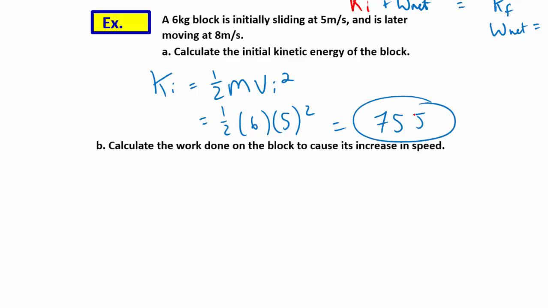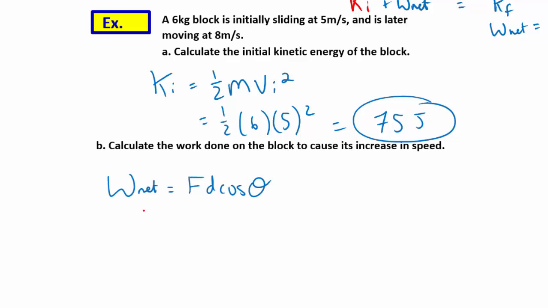The next question says, calculate the work done on the block to cause its increase in speed. So we saw just a moment ago that some work was done to give energy to the block to make it go faster. And because kinetic energy is the type of energy involved, then our net work is going to be equal to that. Well, I may kind of go backwards and say, okay, well, I want to find the work, and I just remember that, oh, the work is equal to F d cosine theta.